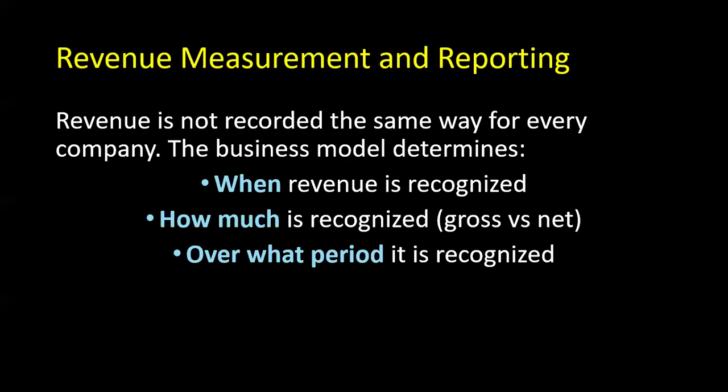Sometimes the revenues are spread over a period of time. Sometimes the revenues are recorded immediately. Sometimes the full amount is recorded. Sometimes it is distributed among the products if there is a bundled product.